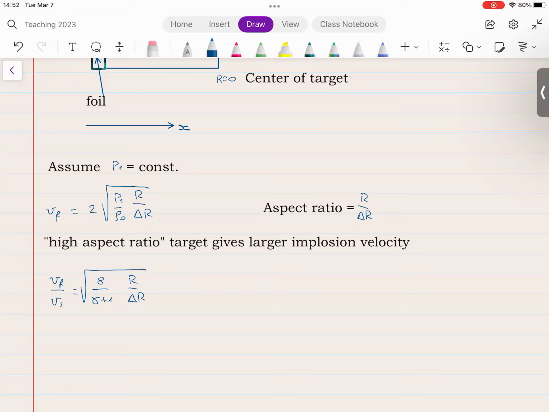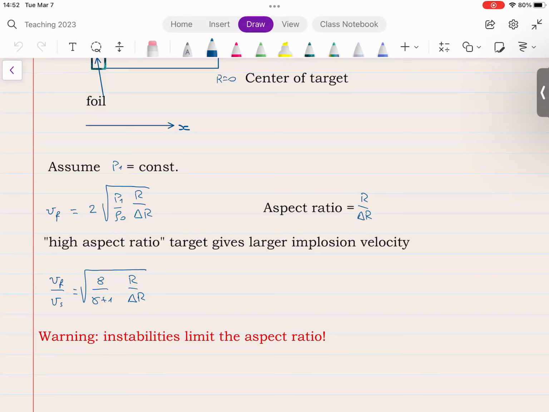There is something that we are not going to have time to go into really, but there is a very important warning here. That is that instabilities are going to constrain that aspect ratio.